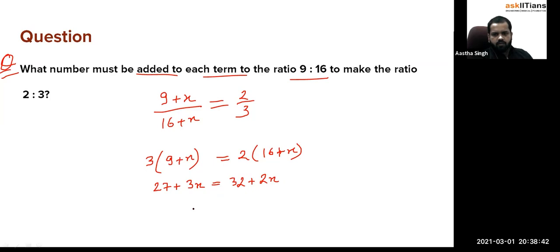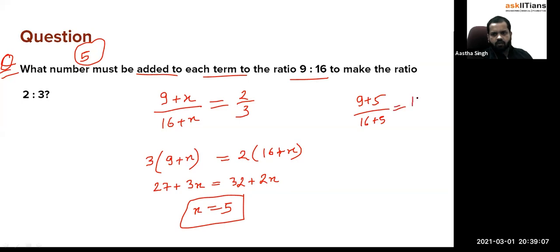So 3x minus 2x will be x, and 32 minus 27 will be 5. So the number that must be added to each term is 5. Just recheck. Add 5 to the ratio 9:16. 9 plus 5 is 14, 16 plus 5 is 21. Just cancel out by 7: 7 2s are 14 and 7 3s are 21. I think the concept is clear, guys, right?